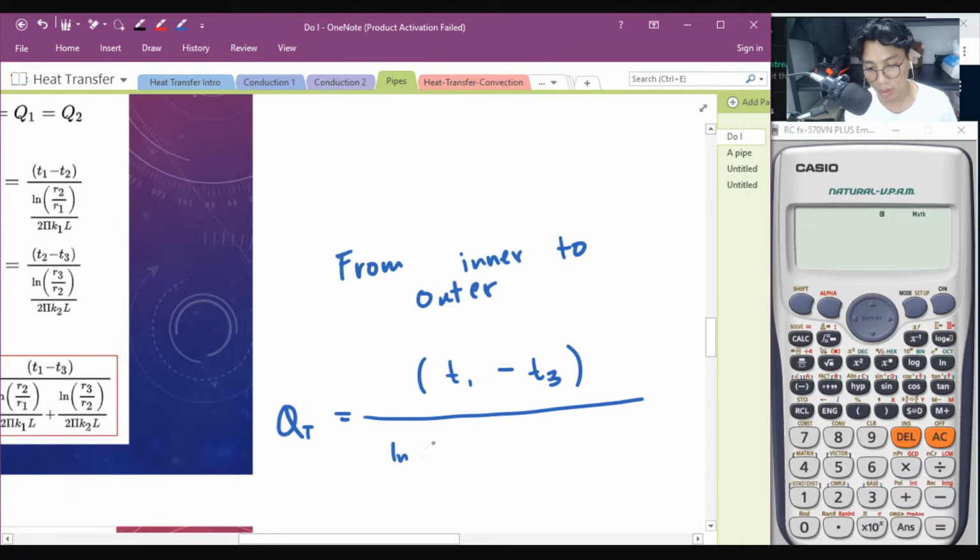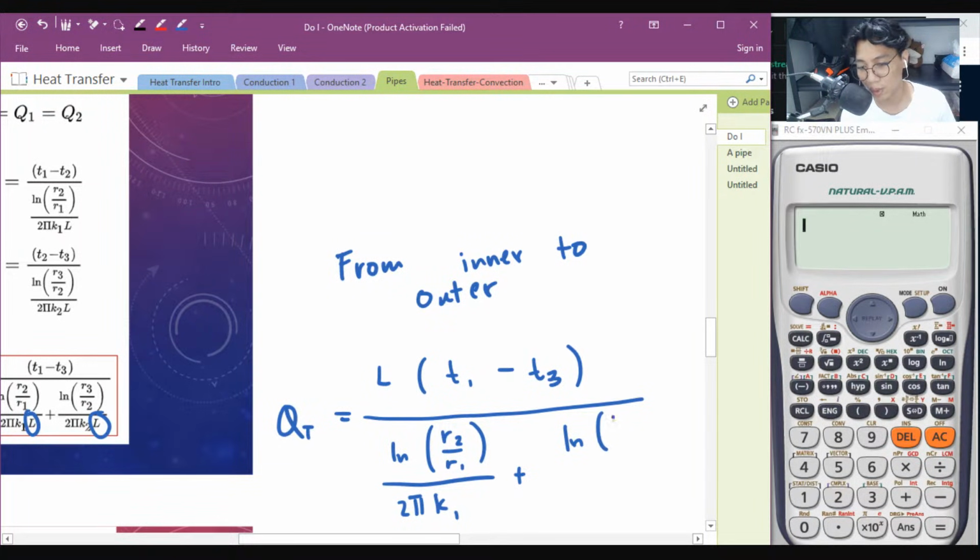Over ln of the ratio of radii 2 over radii 1 divided by 2 pi K1. But we can say that the length is constant here, the same, so we can factor it out and put it on top. Plus the ln of the ratio of radii 3 over radii 2 divided by 2 pi K2.